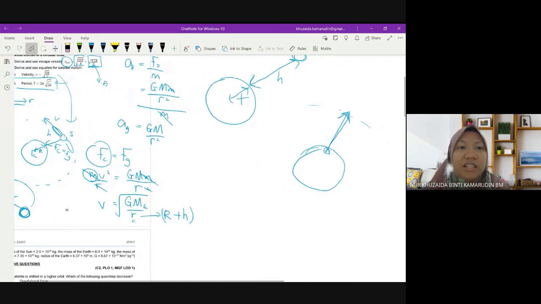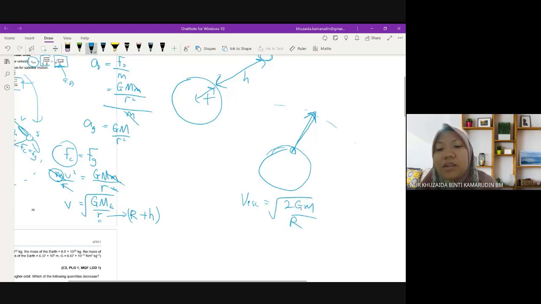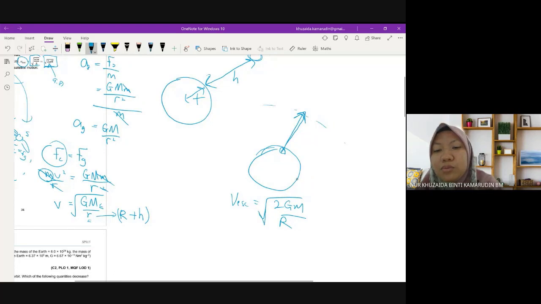Okay, so escape velocity equation dah berikan lah dekat sini. V escape equals to square root of 2GM over r. So yang ni memang untuk kira objek yang kita nak launch daripada bumi keluar, supaya dia boleh bebas daripada tarikan graviti bumi.